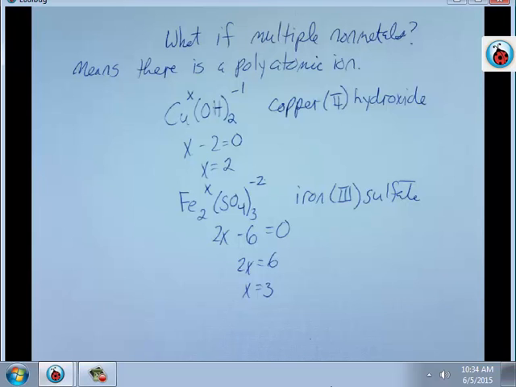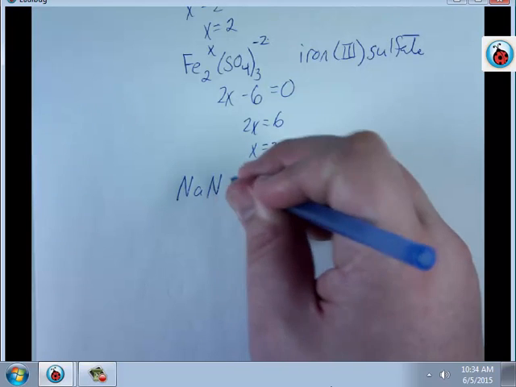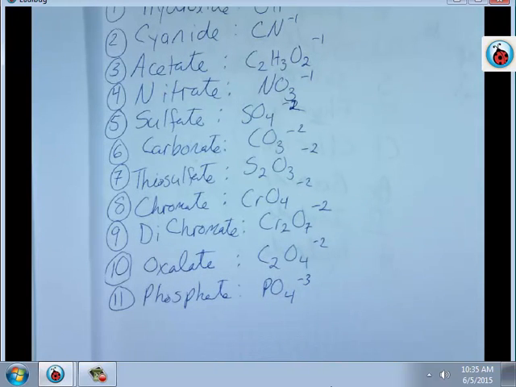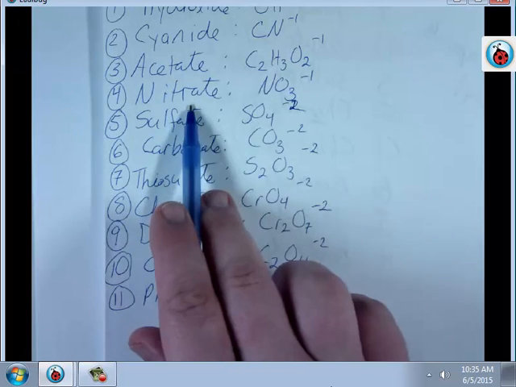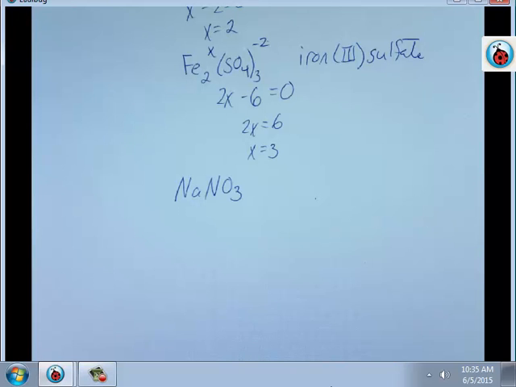Be careful if there are no parentheses. Something like this. Alright? I look up NO3. It's nitrate. It's -1. I know we know the charge on sodium.